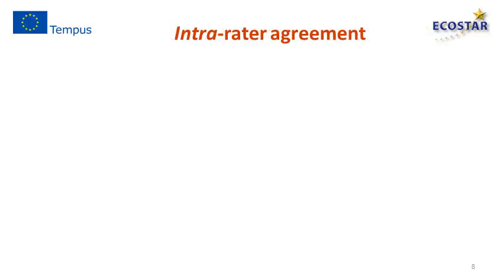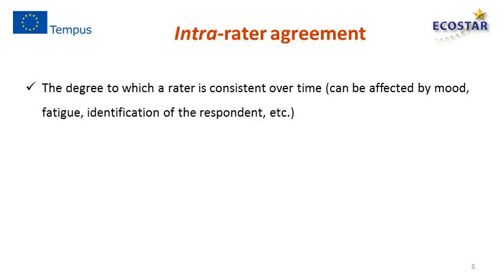There's one more thing I want to talk about, and that is intra-rater agreement, and that's agreement between the rater and herself or himself. The degree to which a rater is consistent over time. I know all of you have spent probably hours grading student work, okay? And you know you can be affected by the mood you're in, by how much you slept that night.